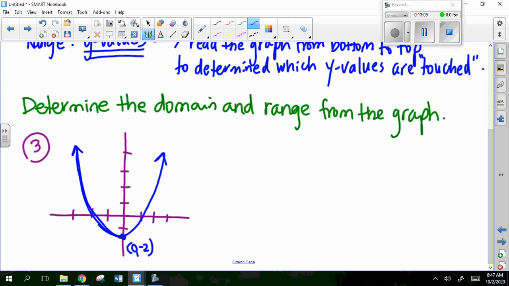Those are called parabolas. There's my graph. It's nice and smooth. Okay, so it's actually not broken into pieces. So even though we haven't gotten to graphing piecewise, this is not a piecewise. It doesn't have several pieces to it.